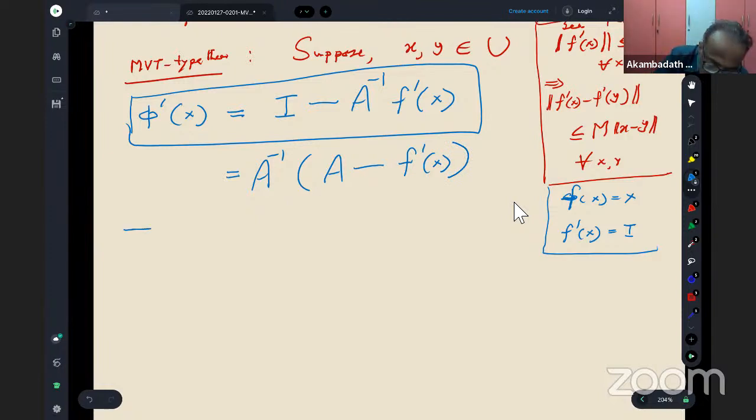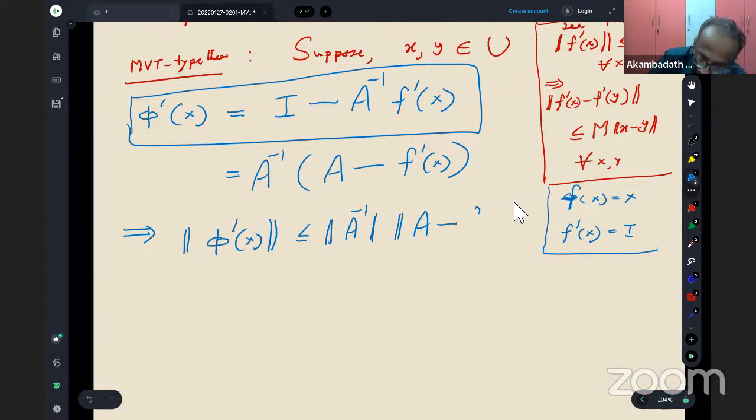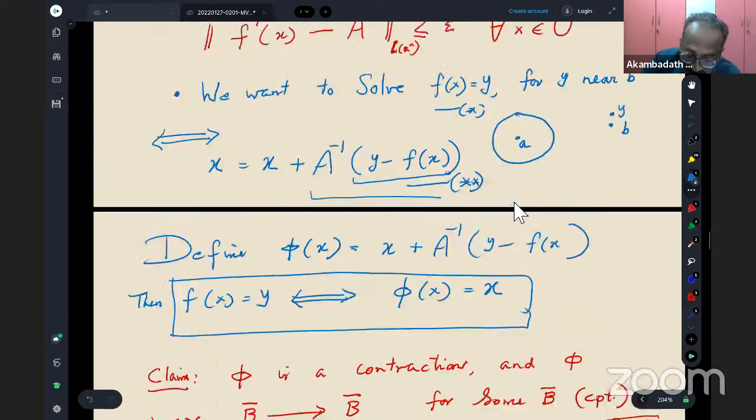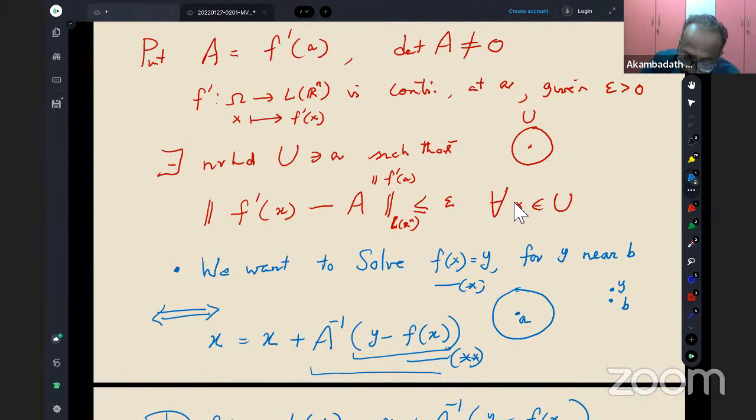And that will give you the norm of phi prime of x is less than or equal to the norm of A inverse times the norm of A minus f prime of x. Make sure of which norm you are taking. But then we already proved that the norm of A minus f prime of x is less than or equal to epsilon here.